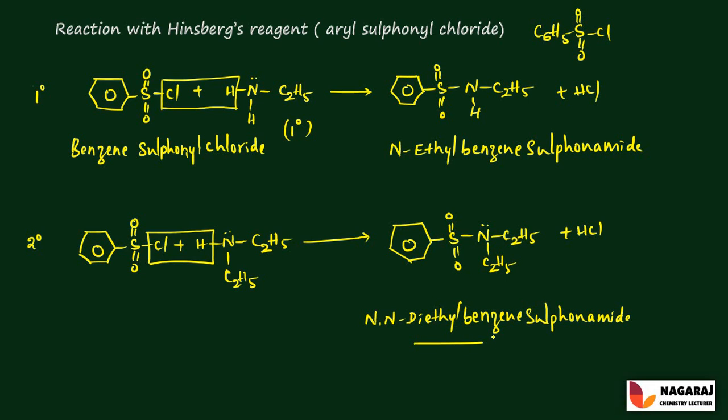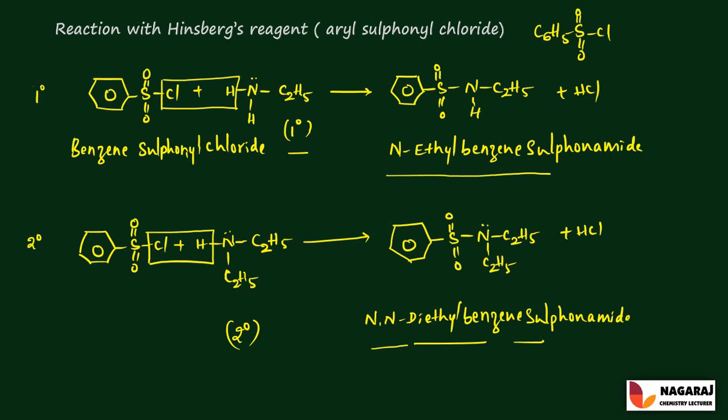So that is, when it reacts with the primary amines, it gives N-alkyl benzene sulfonamide. When it reacts with the secondary amines, it gives N,N-dialkyl benzene sulfonamide. So let us see the difference between N-ethyl benzene sulfonamide and N,N-diethyl benzene sulfonamide.